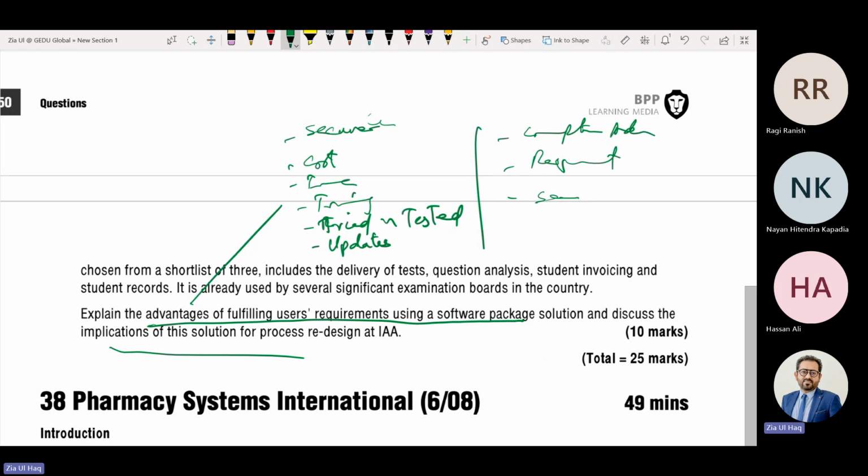So our data could be hacked, could be leaked, because bespoke will be under our control. It will not even be online connected. These packages are sometimes online connected. So this security issue we can discuss over there. 10 marks, we need to discuss 5 points, that's fine.